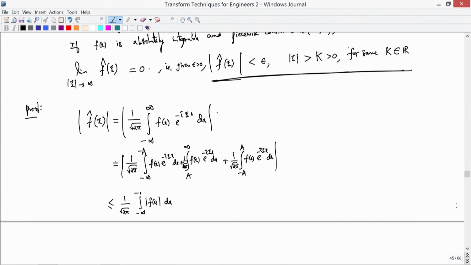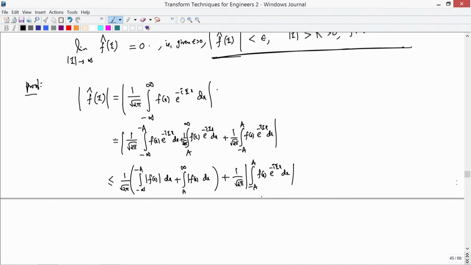This is the integral from minus infinity to minus a, plus a to infinity of mod f x dx. So, this is one part, and the other part is plus 1 by root 2 pi, minus a to a of f x e power minus i xi x dx, with modulus.